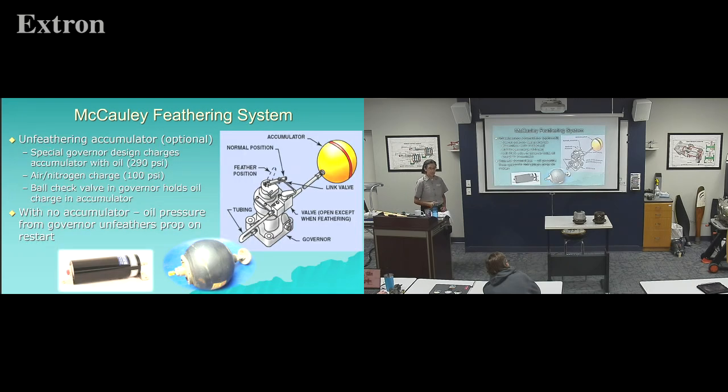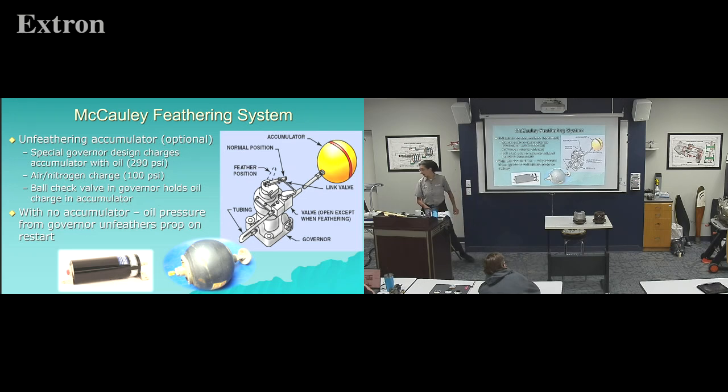Another thing that some props have, not very common anymore, maybe older aircraft or maybe experimentals, is an unfeathering accumulator, and some will have this as an option that you can add. It takes a special governor that can accommodate the accumulator, and the governor will charge the accumulator with oil.